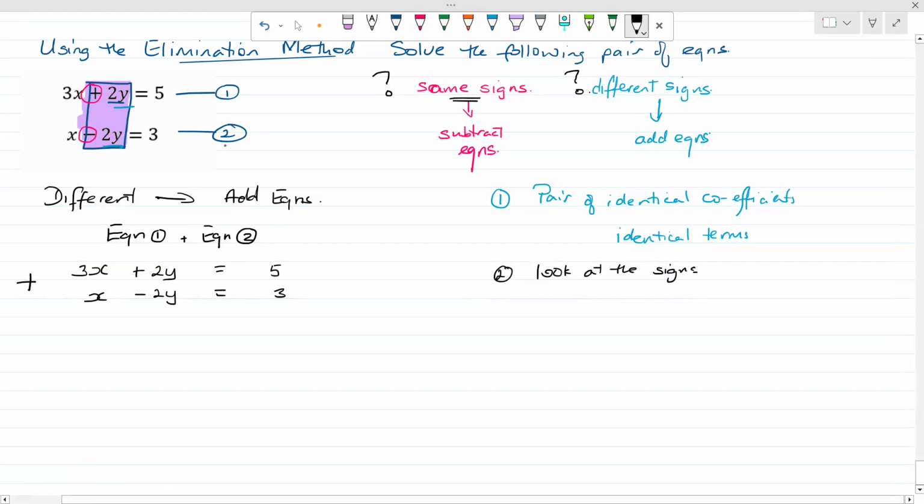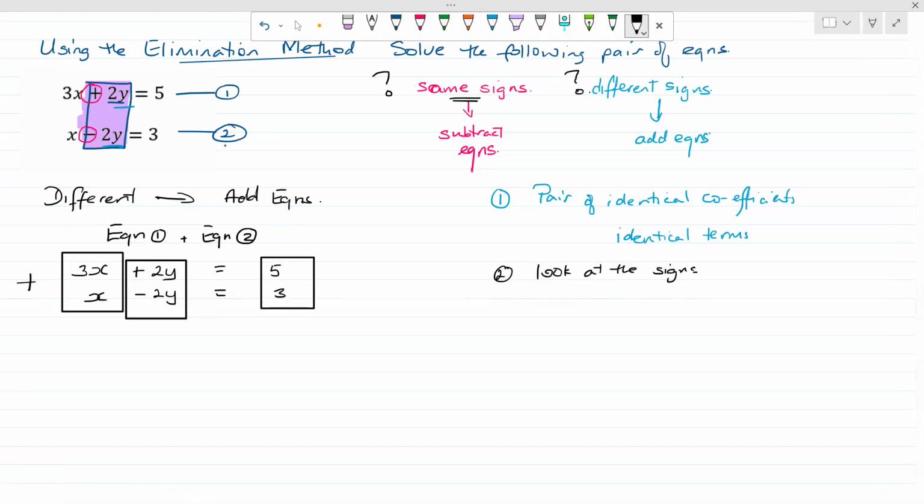We're going to add. Adding equations: this adding together, this adding together, and this adding together. Everybody agree with that? Now look at how I'm going to write it. Instead of drawing a line, which some people do, I am going to work out each box separately.